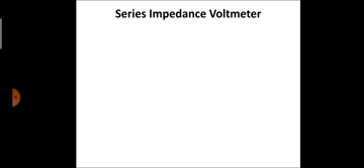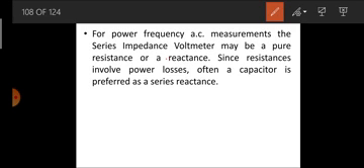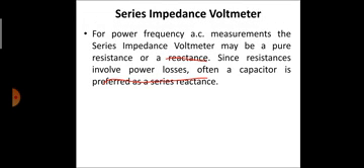So first we will see the series impedance voltmeter. For power frequency AC measurements, the series impedance voltmeter may be a pure resistance or a reactance. Since resistances involve power losses, often a capacitor is preferred as a series reactance.